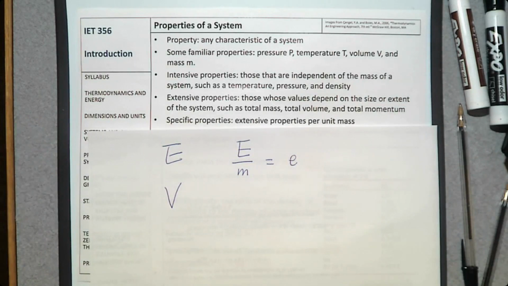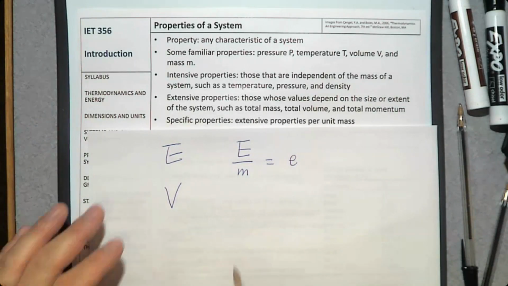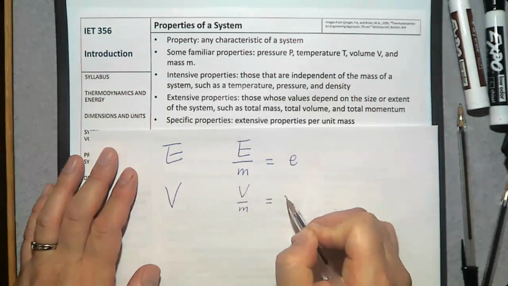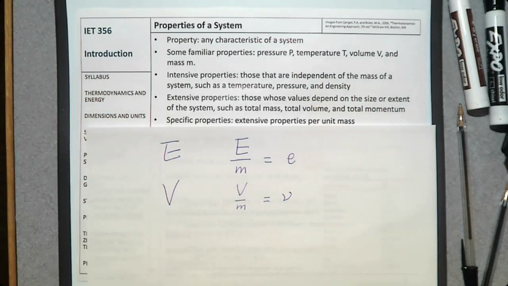What about volume? Volume divided by mass becomes specific volume. So if you see a lowercase letter for an extensive property, you can assume that it is that property per unit mass, which is specific volume, specific energy, specific enthalpy, specific entropy, and so on.